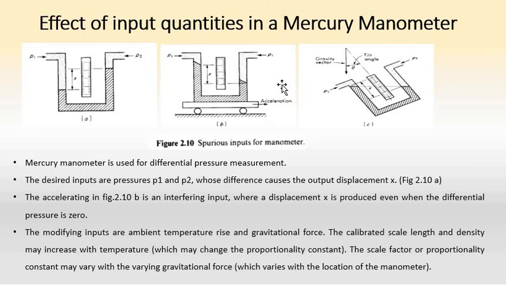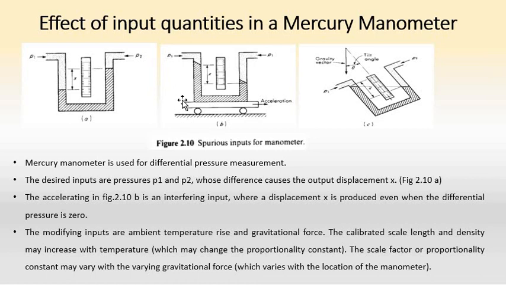Clear? Now the third type of input is the modifying input. The modifying inputs that can affect the mercury manometer are ambient temperature and gravitational force. What will happen if the room temperature of the place where we keep the mercury manometer increases?